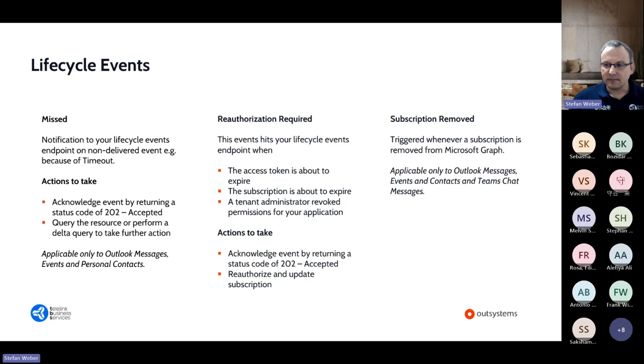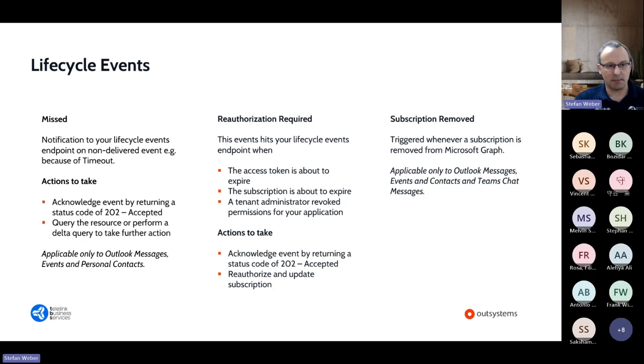Lifecycle events, there are 3 lifecycle events you will receive, but only if you have chosen to subscribe to lifecycle events as well. So one is missed. Whenever Microsoft Graph API is not able to deliver a notification to your application, it will retry it again.